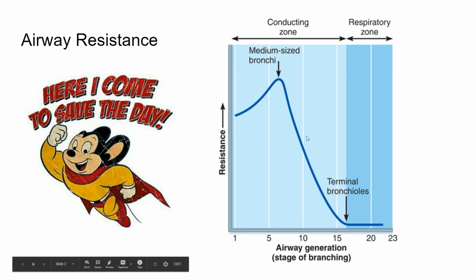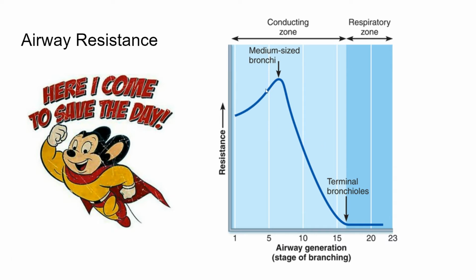And so basically, there's a point at the medium-sized bronchi where the resistance is highest, and then as you go, those tubes are just too small for there to be any real resistance. The only way that resistance can come in is if there is some kind of blockage or some kind of restriction of those airways from maybe inflammation or something else that's going on.